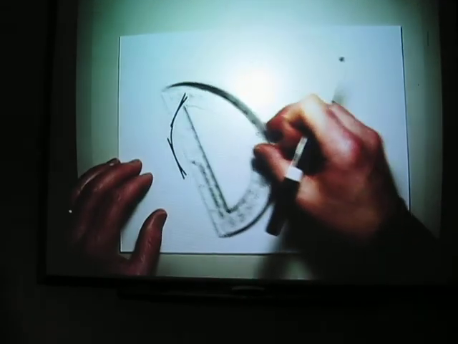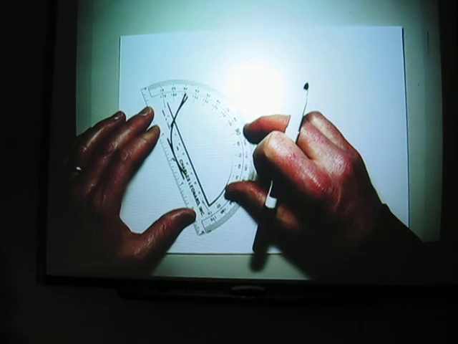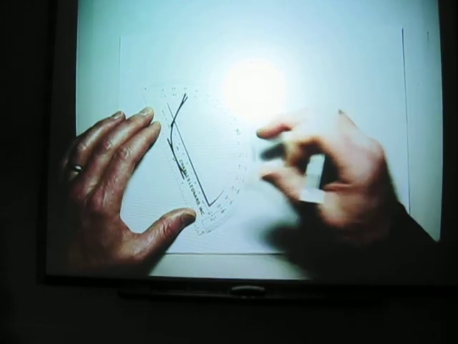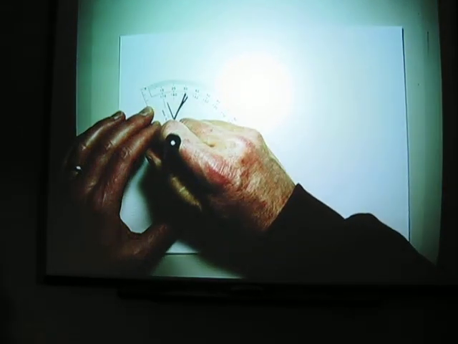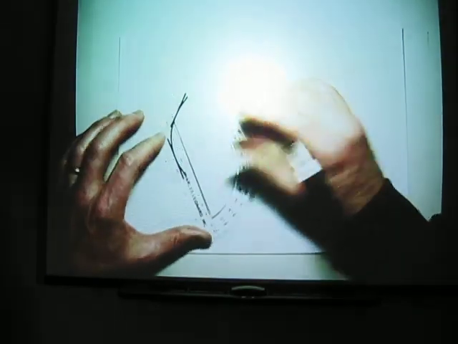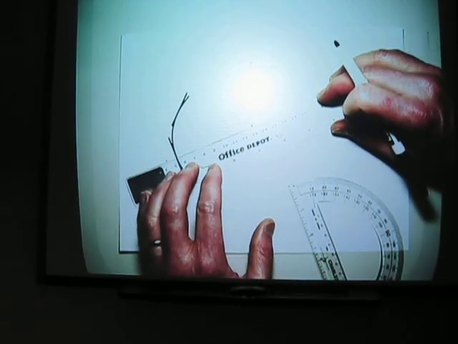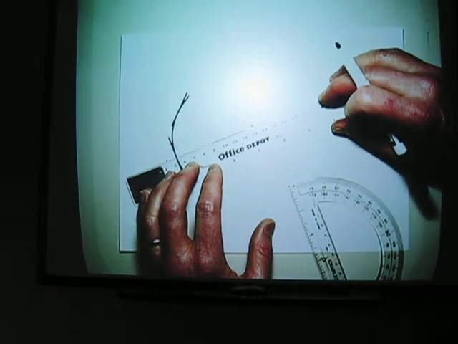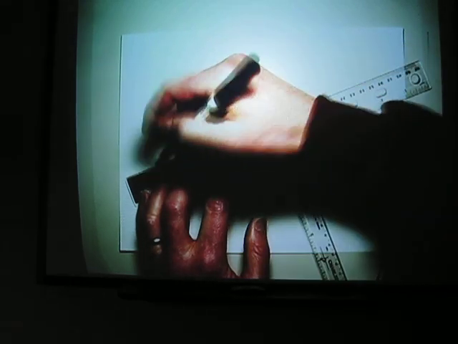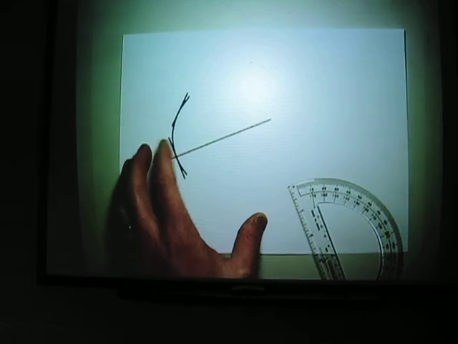And now I'm going to draw perpendiculars from those tangent lines. So I'll come out at exactly 90 degrees. So something like this. And the same thing over here.